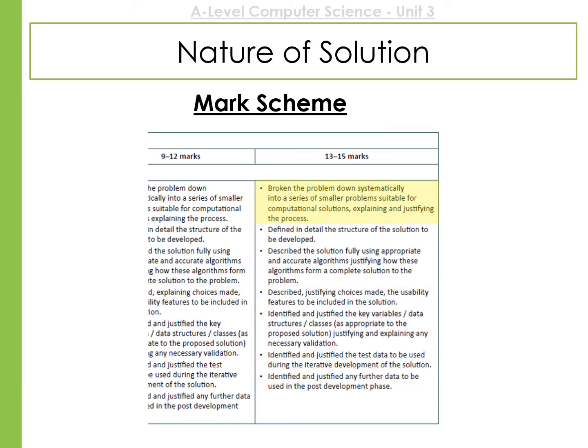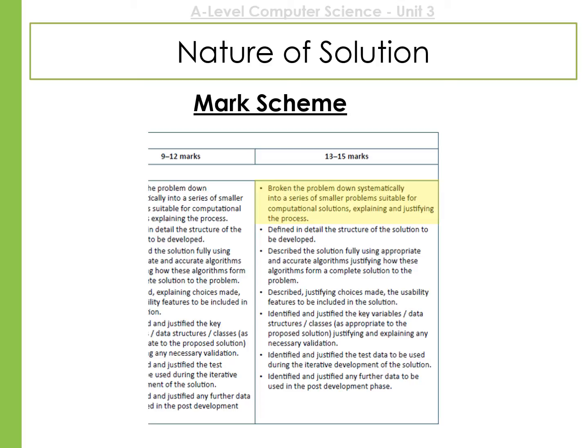Now, in the top mark band, this is the marking for this section. You've broken the problem down systematically into a series of smaller problems. So you have your top-down design, and each of those sections you've explained and justified why that's going to be an element of your project, like a decomposition.